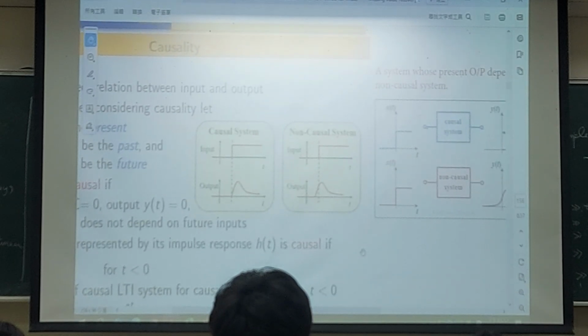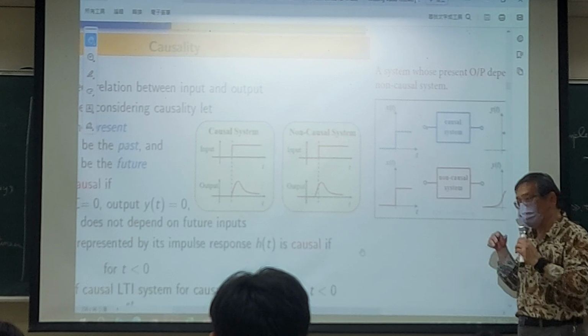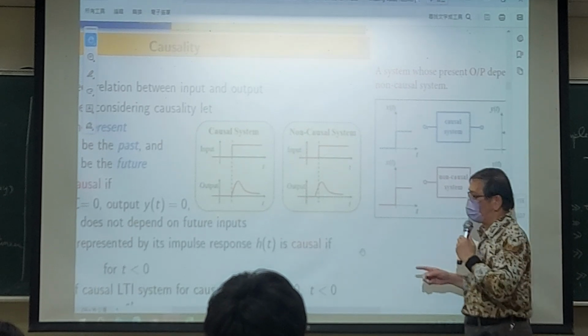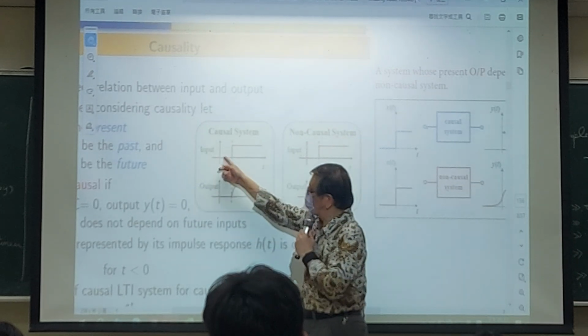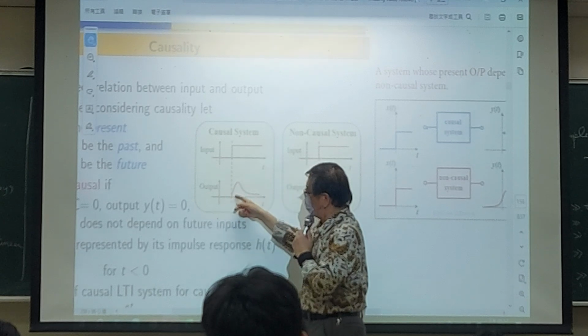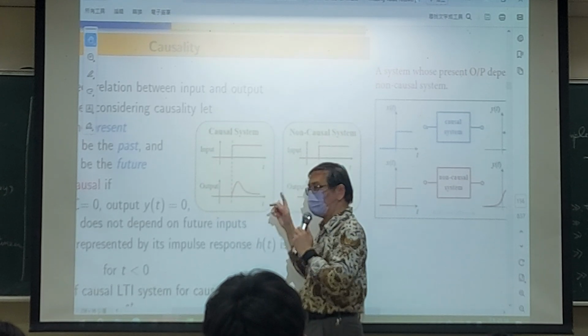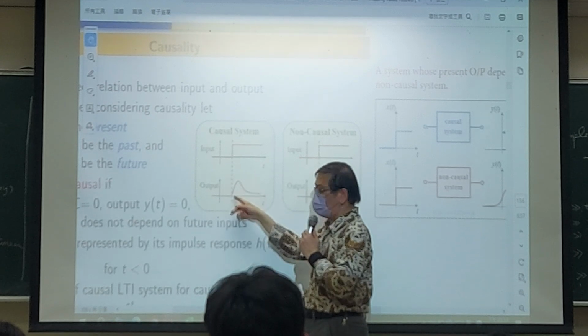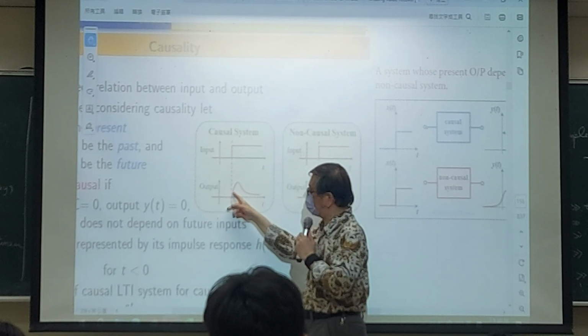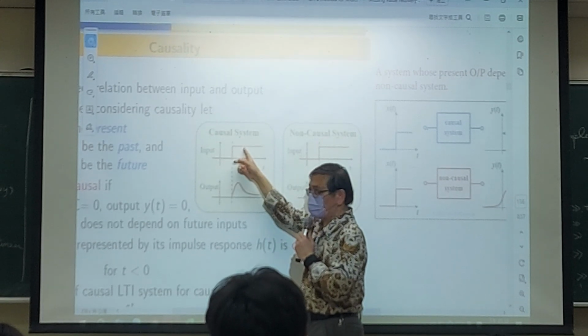If we consider a causal system for the moment, that means I have an input and I have an output. This output depends on the input in the past, not in the future.